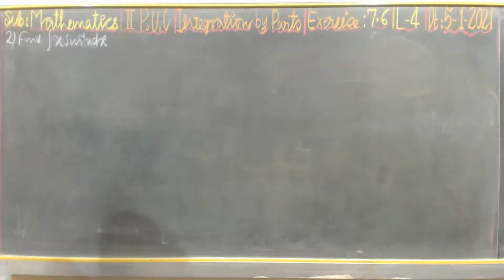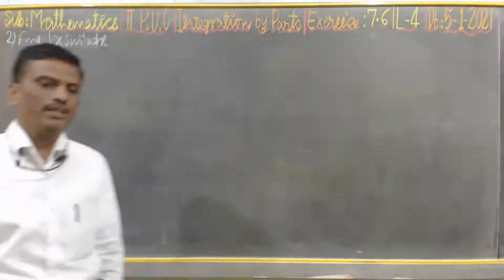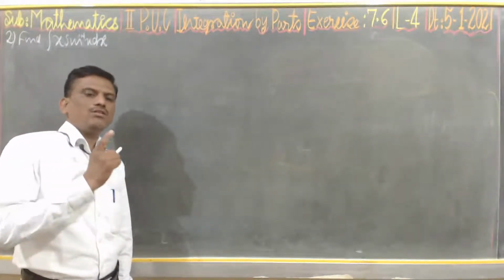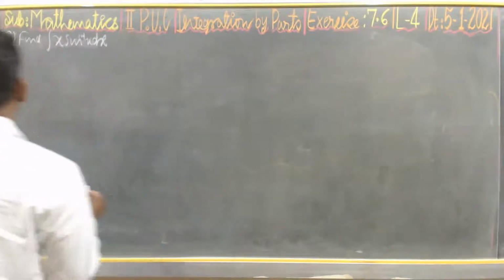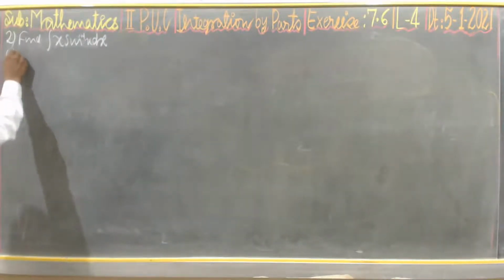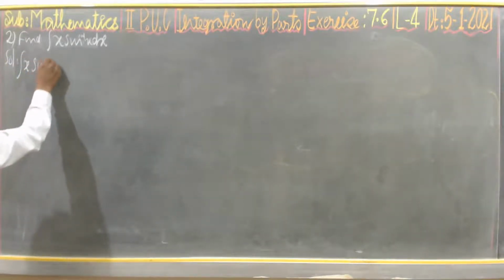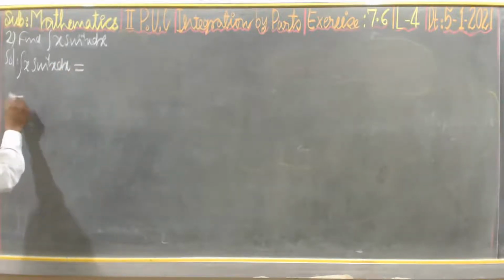So here x variable is in product with the inverse trigonometric function sine inverse. So here at any cost we have to make use of the integration by parts formula. That is the important thing. Now solution: the example is the integral of x sine inverse x dx, this is equal to, okay.